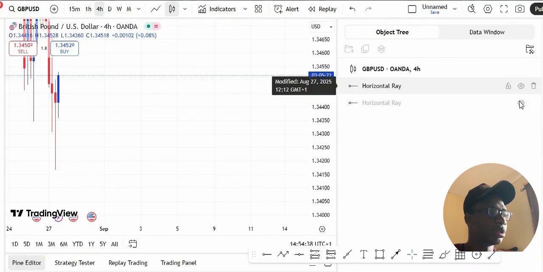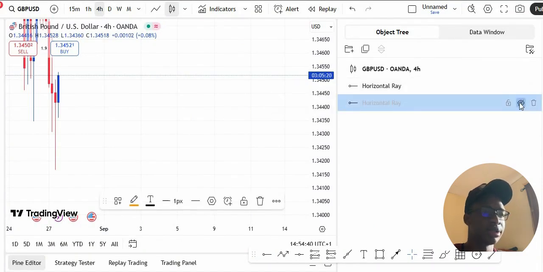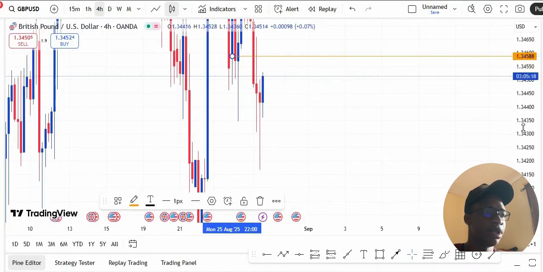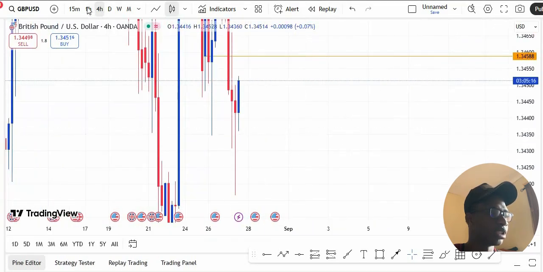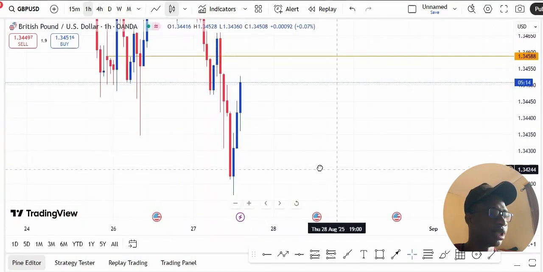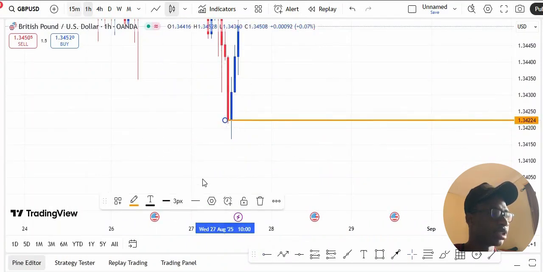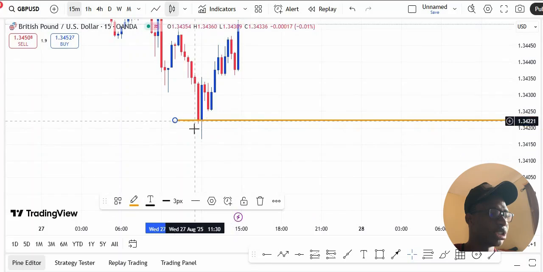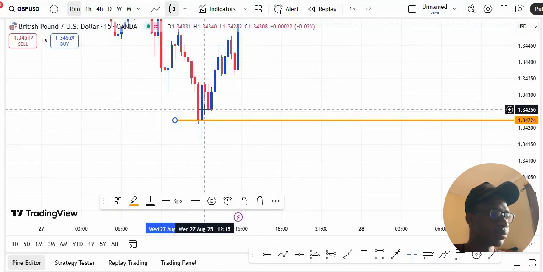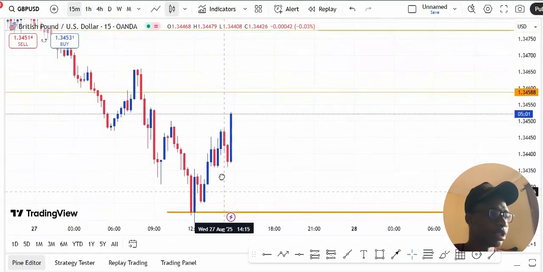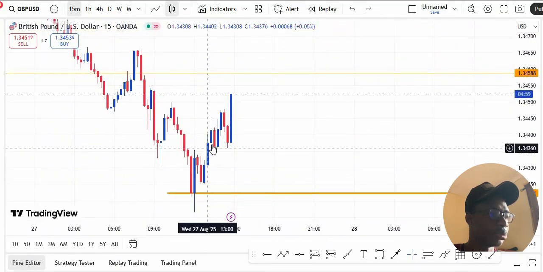I knew it. It's just that I was waiting for a retest, which I didn't get. At the beginning, I got the retest, so I would have entered that. So it just moved aggressively. I didn't get a retest, but I knew it was going to move.